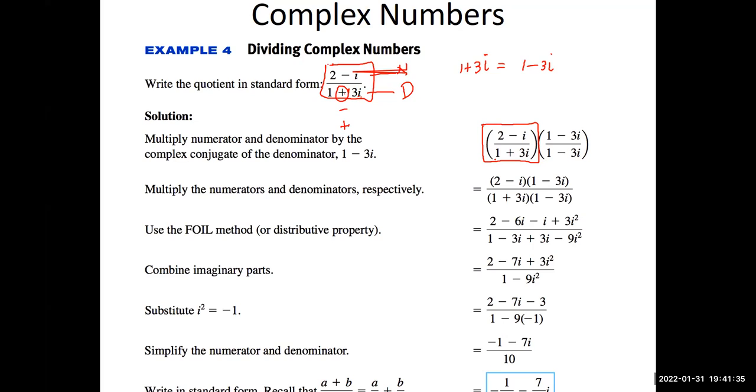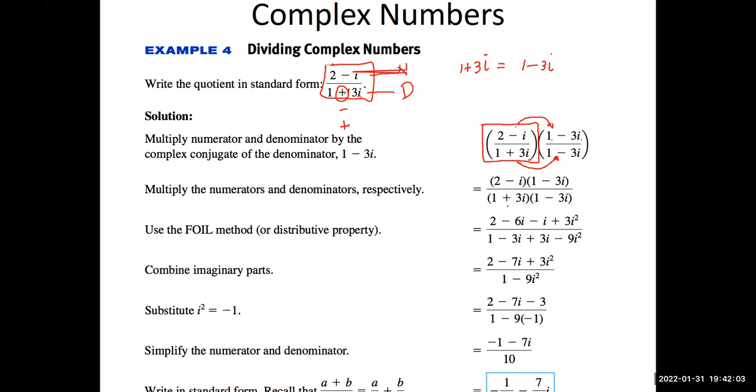This is the denominator, 1 plus 3i, and this is its conjugate, 1 minus 3i. And then we multiply the numerators and the denominators, also using the distributive property.